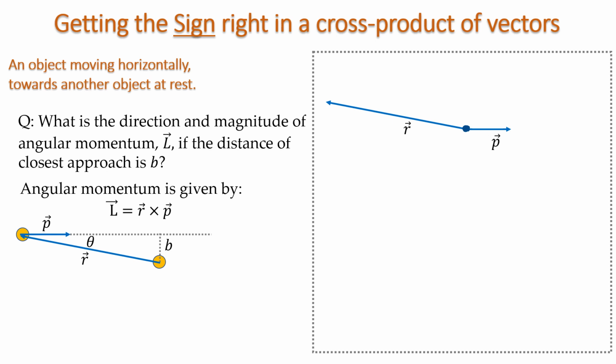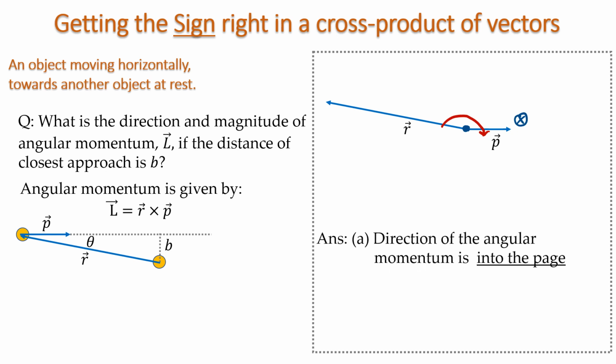Now we want to go from r to p, and this is the way to go, clockwise. Based on screwdriver or bottle cap rule, it is into the page, and hence the direction of angular momentum is into the page.